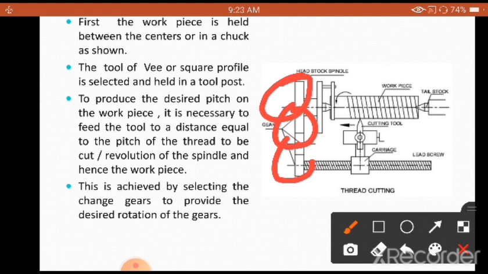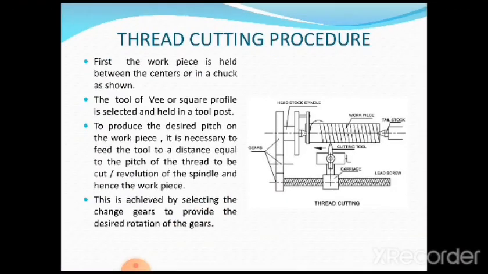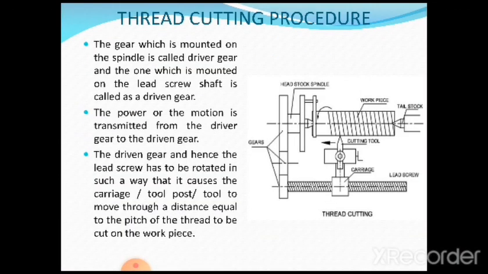In between these two gears, you see the idler gear, to fill the gap and give the rotational movement to the lead screw gear. Now we need to select the number of teeth of these gears for the thread cutting operation.